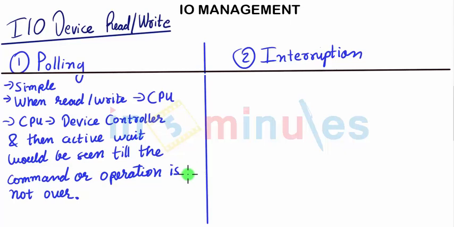So in this, the entire system would be actively waiting for data. This involves the CPU as well as the disk controller or the device controller.